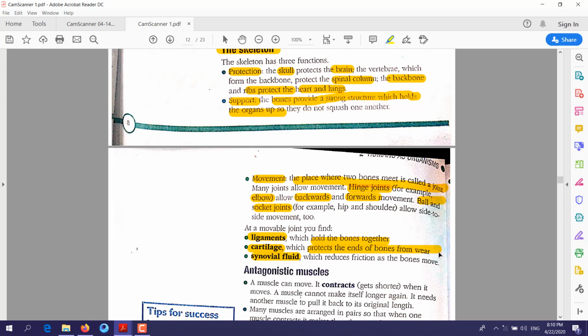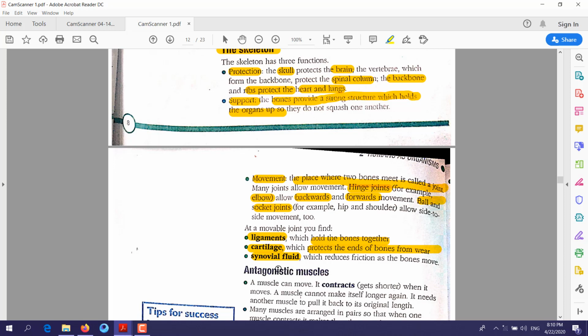But to prevent this, we have what? We have cartilage. Cartilage is between the two bones. It prevents the two bones from wearing. Now, the third part is what? Synovial fluid.